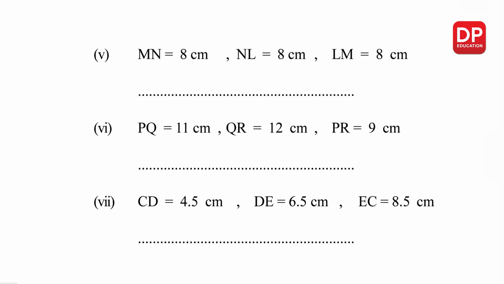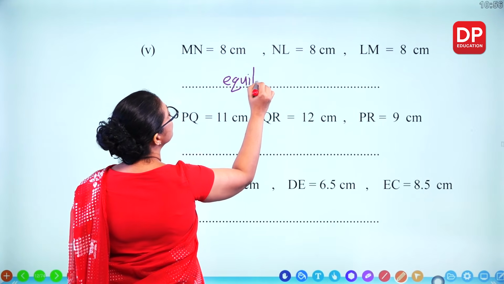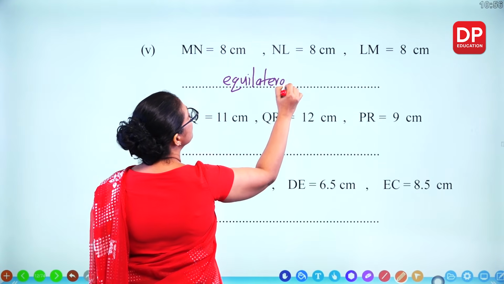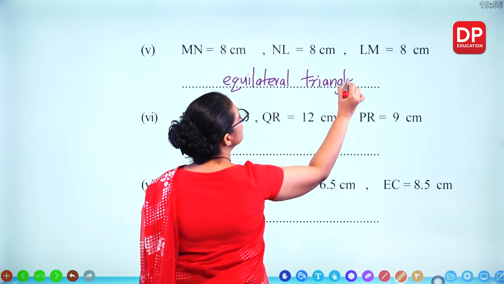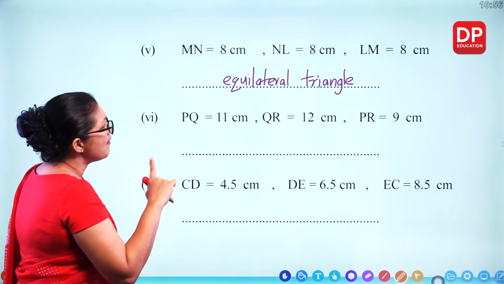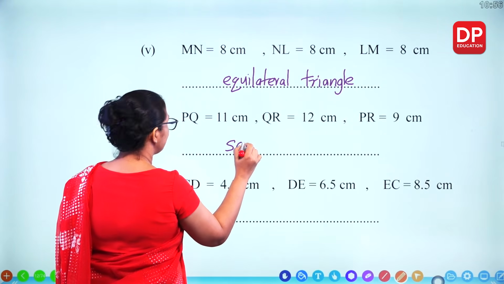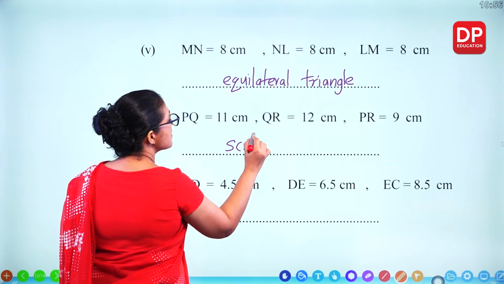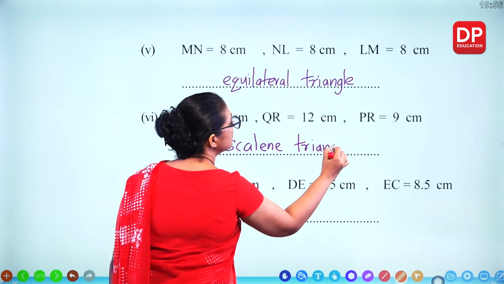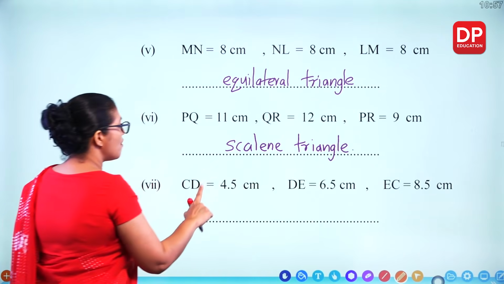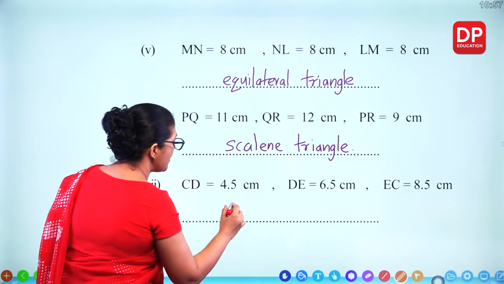8, 8, 8. All three sides are equal. Equilateral. 11, 12, 9. All three are different. Scalene triangle. 4.5, 6.5, 8.5. All are different.